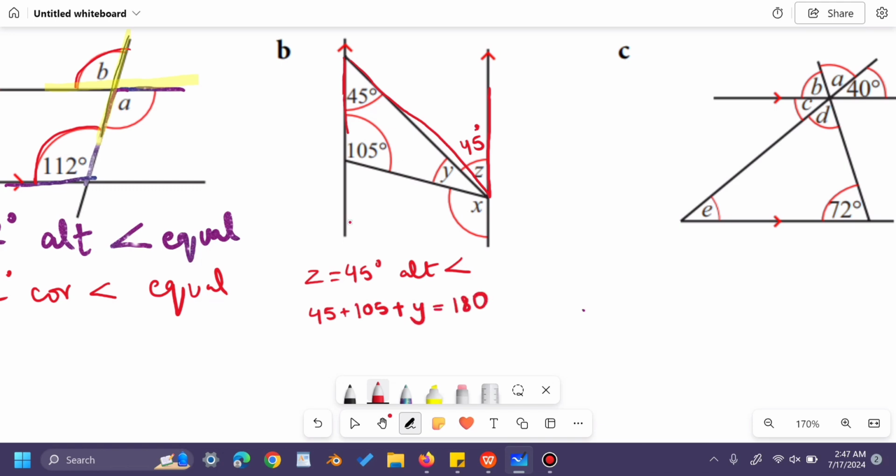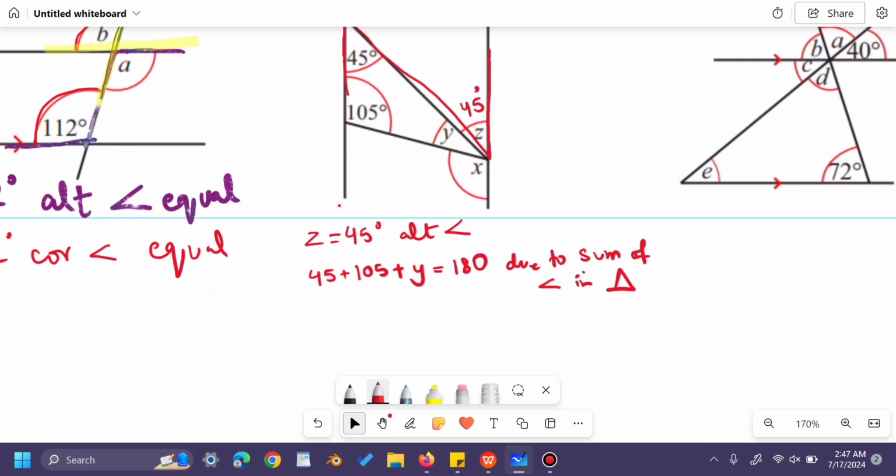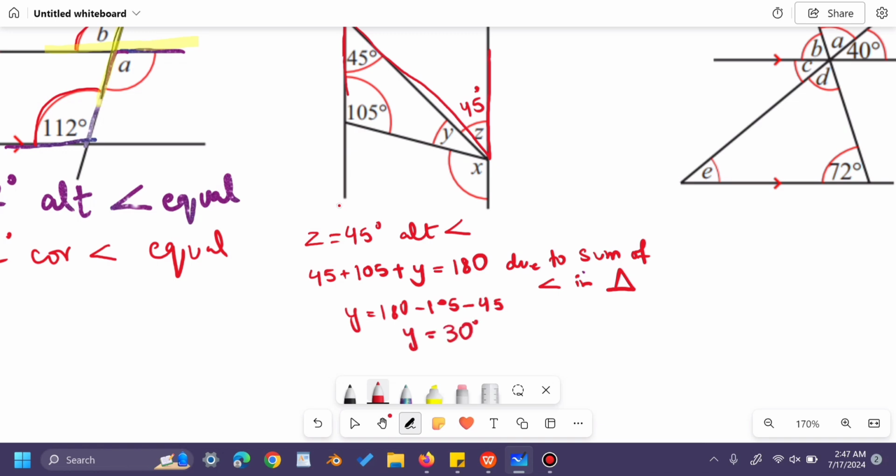Why? Due to sum of angles in a triangle. So after that we are going to write y as 180 minus 105 minus 45, and that will give us y is equal to 30 degrees. So that's how we found that this is 30 degrees.